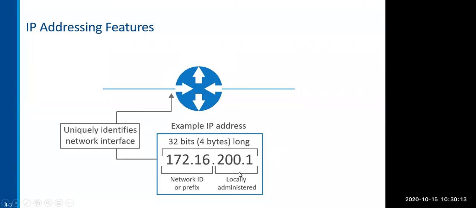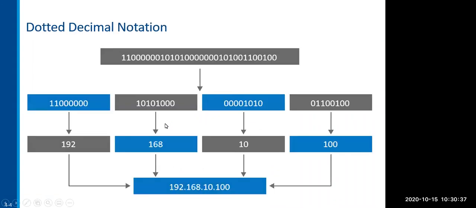It has a network portion and a host portion, what they call locally administered, often called the host portion. But each unique interface, each device has to have its own unique IP address, right? So that's what will also help get the data to the right device. And the network portion is what the routers use to get the data to the right network first, right? So that's the idea there.